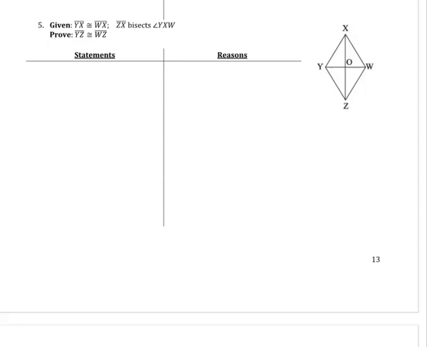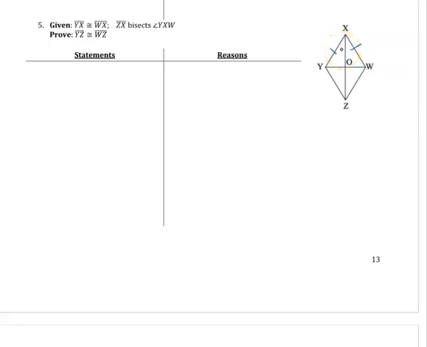All right, moving on to proof number 5. I have YX, which is right here, congruent to WX. And ZX, which is right here, bisects angle YXW.